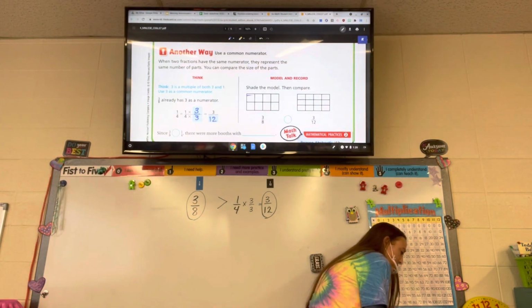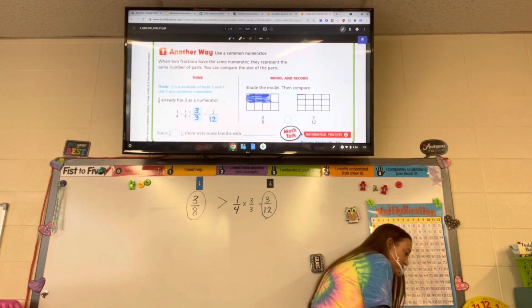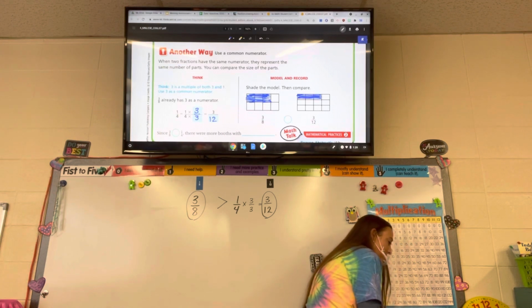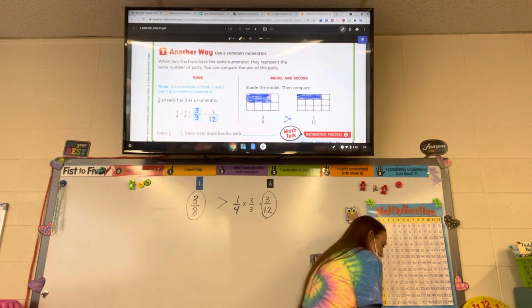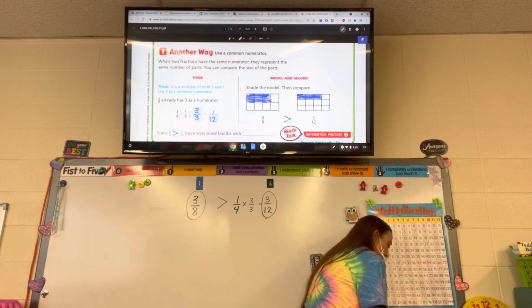Now we're going to shade 3/8 size sections again. And 3/12 size sections. So we shaded the same number, but the 12 size parts are much smaller, right? So 3/8 is greater than 3/12. Since 3/8 is greater than 1/4, there were more booths with face painting.